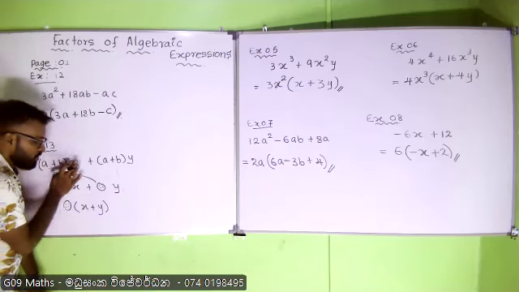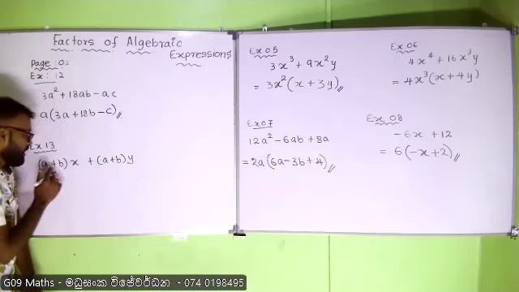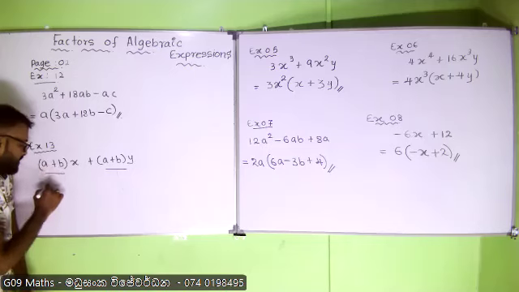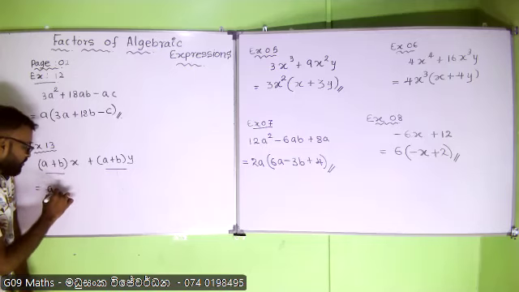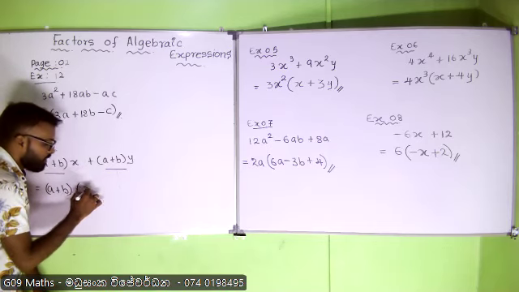Understood? So A plus B is common. Take A plus B out as the common term. Write the rest of the terms.